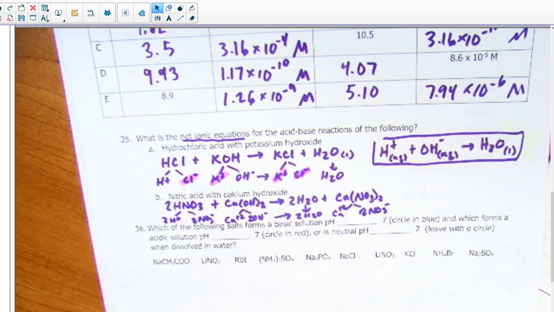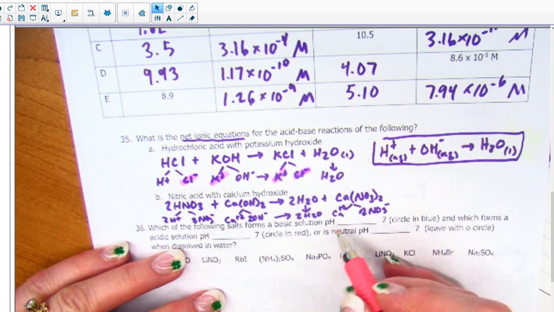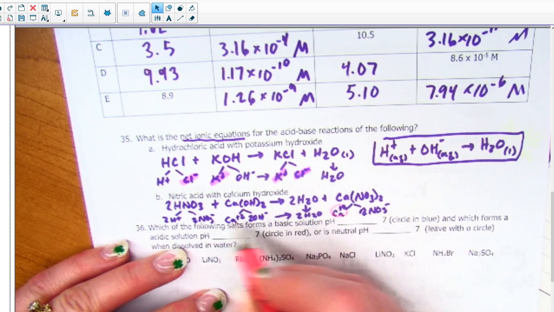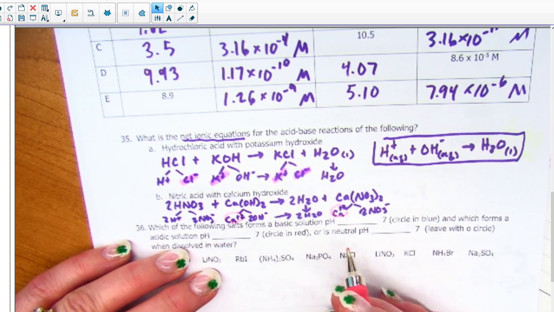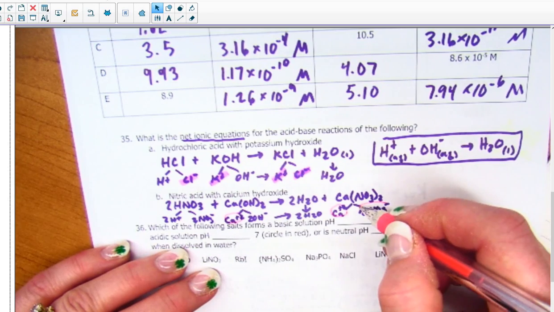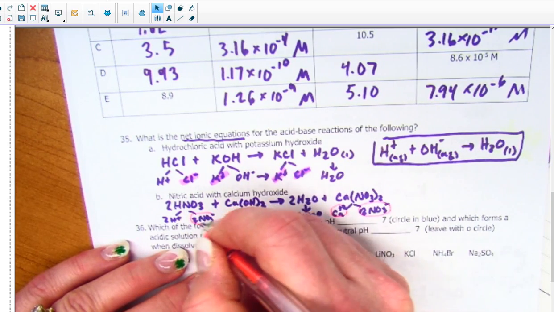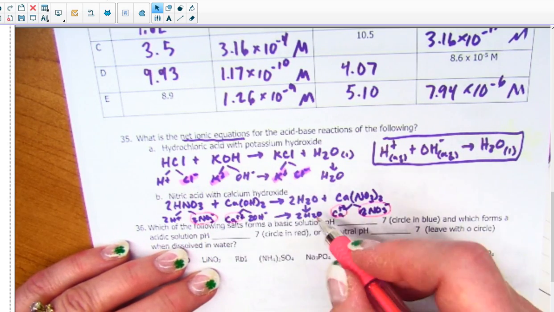So again, looking side to side, what cancels out, I'm going to use a different marker because the pink just smeared. Ca plus 2 and Ca plus 2 are spectator ions. The 2NO3 and the 2NO3 are spectator ions. So what's left?